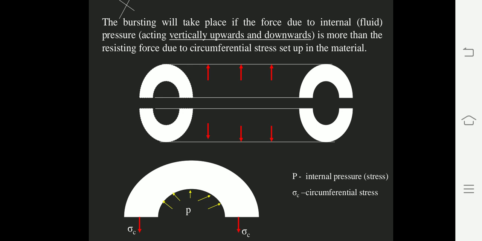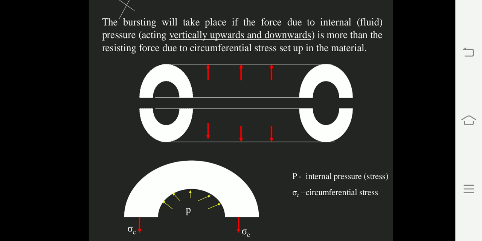If the cylinder is bursting circumferentially, that stress is called circumferential stress. Internal pressures are acting inside the cylinder. Due to that, sigma c is formed. Sigma c means circumferential stress.